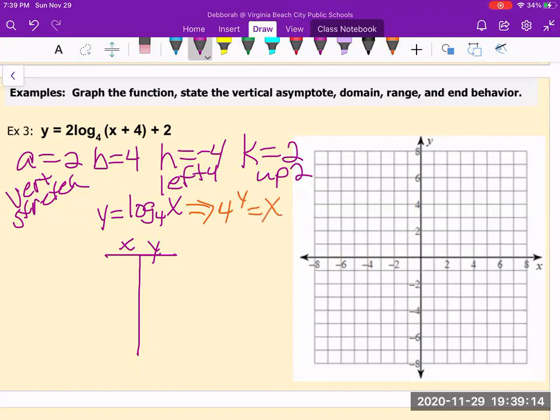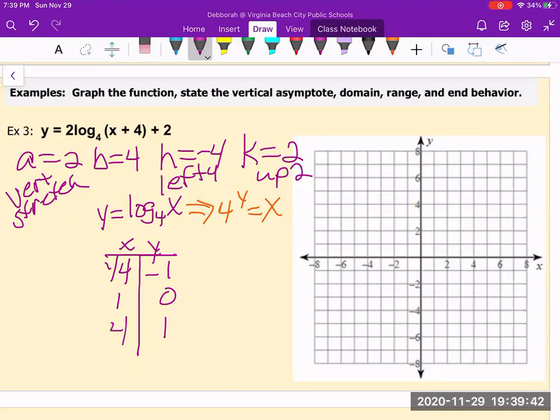So again, with the logarithmic function, we put in values for y, not x. So we're going to use that same negative 1, 0, 1, and you'll get very familiar with this. If I looked at the exponential form, I would say 4 to the negative 1 is 1/4. 4 to the 0 is 1. And 4 to the 1 is 4.